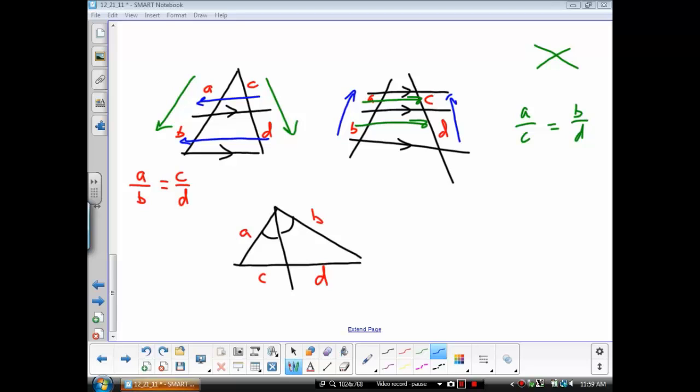And the same thing is true here. You could go left to right in both cases, or bottom to top in both cases. When you keep your order the same, you get a proportion that is true. When these segments are divided proportionally, you can set up many proportions that are true.